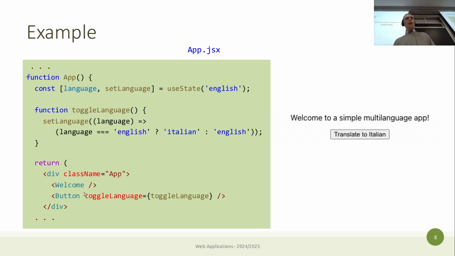And then we have a button component, where we pass a function, toggleLanguage. So when we press the button, we will call the set state and we will change the information about the state. And so the language will change because the Welcome has to use either the Italian or English information.